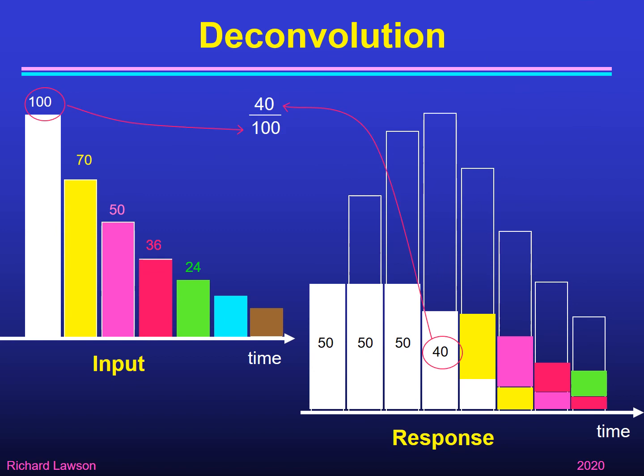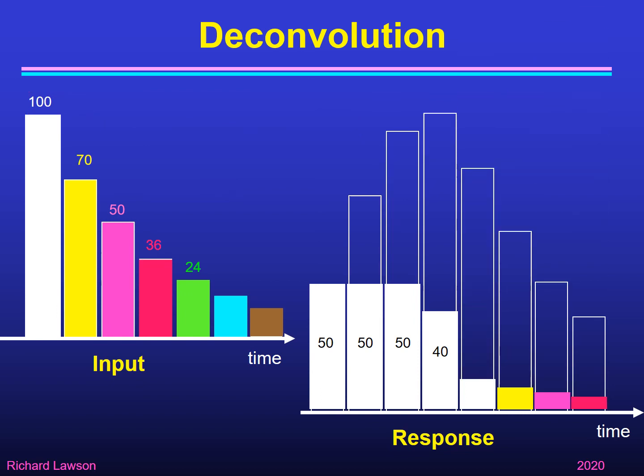Now it turns out that we expose a white which is 40. So now we see at the 4th minute we have a 40% response. So 40% of our yellow 70 there is 28, 40% of our purple 50 there is 20, and 40% of our red 36 is 14. So once again we can throw those away.